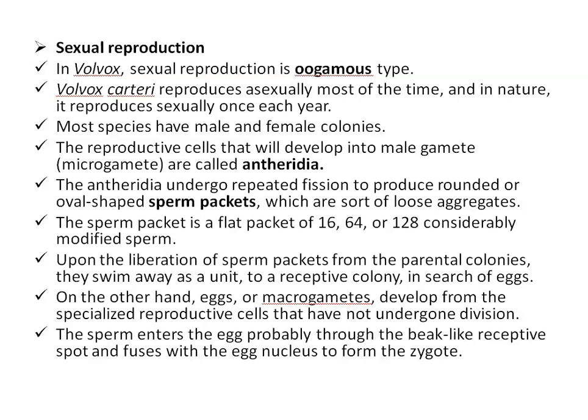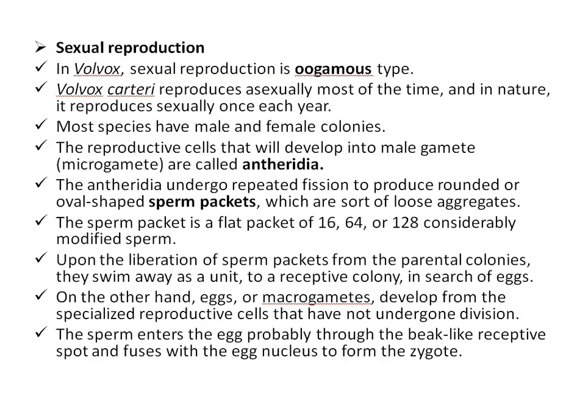The reproductive cells that will develop into male gametes are called antheridia, and the antheridia undergo repeated fission to produce rounded, oval-shaped sperm packets, which are sort of loose aggregates. It is astonishing that such a lower organism has a device to preserve and protect its sperm for a longer time, as in the case of spermatophores of metazoa.